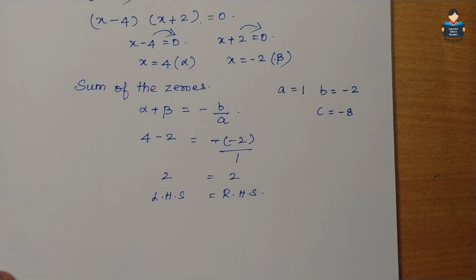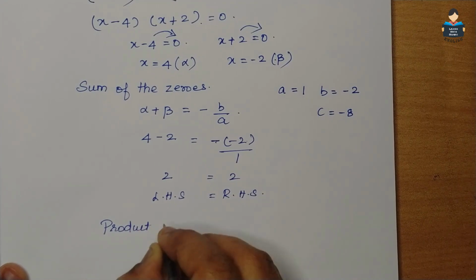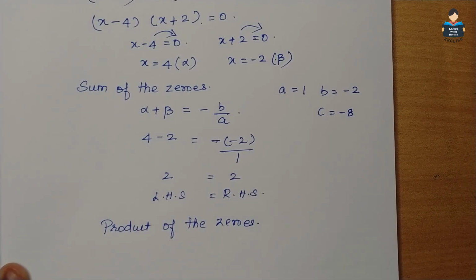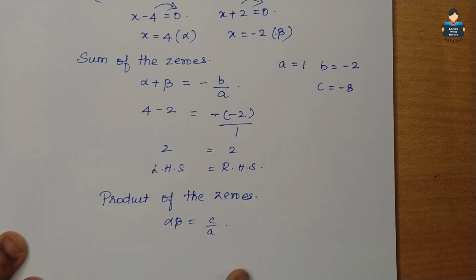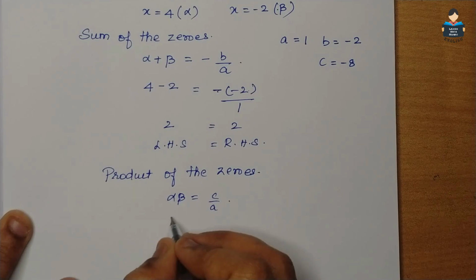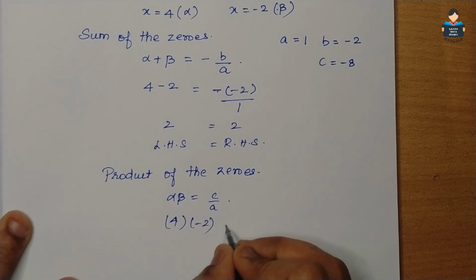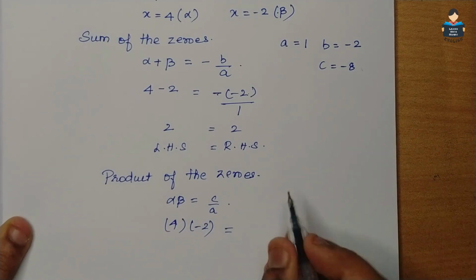Now we have to proceed with product of the zeros. So product of the zeros. So what we will do is alpha into beta equal to C by A. So what is the alpha value is 4 and the beta value is minus 2. On in the right hand side I have C as minus 8.